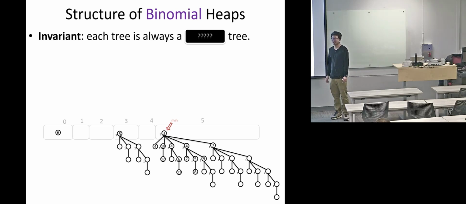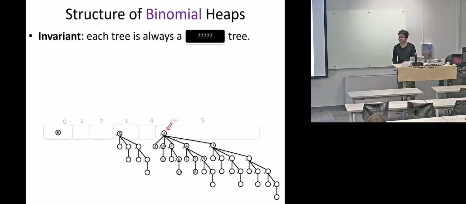Special structure. Yeah. Is it the rank? Okay. Let me tell you, each of these trees is a binomial tree. Know what that means? Do you recall the definition of a binomial tree? A binomial tree is a tree such that if this node has rank 5, it's going to have 5 children.